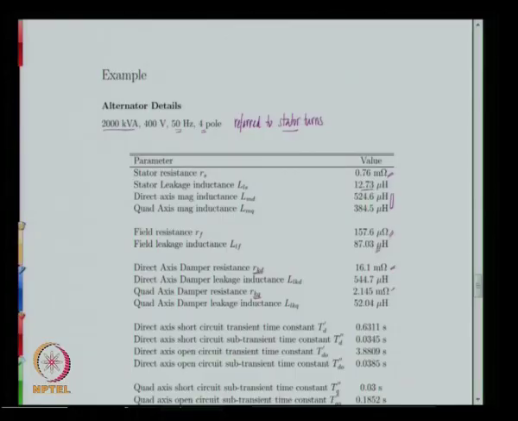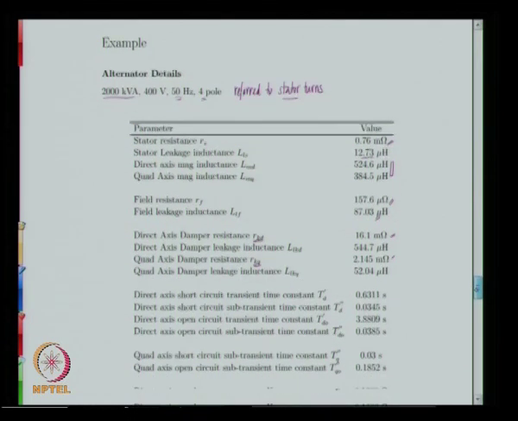RKD and RKQ are much larger than RF, which is the field resistance, which is only 0.157 milliohms. These are 16 and 2 milliohms respectively. And here again we have the leakage inductances of the damper that are given.